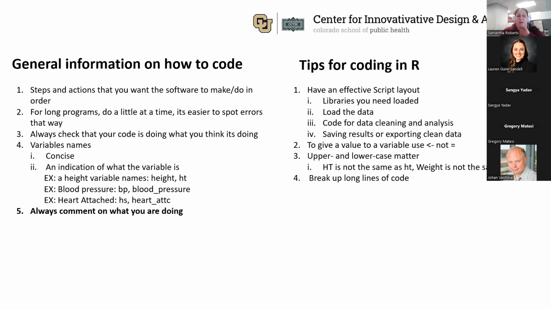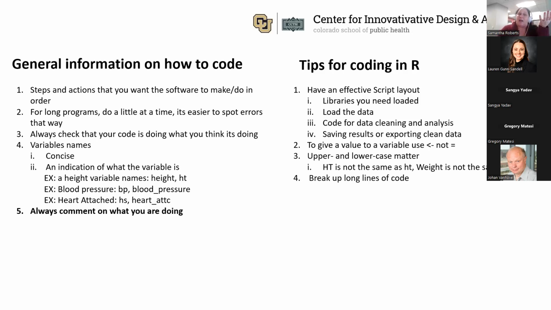A big thing with variable names is you want to have short, concise variable names that also indicate what the variable is. This also works if you create a REDCap database, right? This is really important. You don't want to just name your variables or your questions variable 1, var 1, var 2, because when you come back to it a week later, two weeks later, a year later, you don't really have an indication of what that variable is.